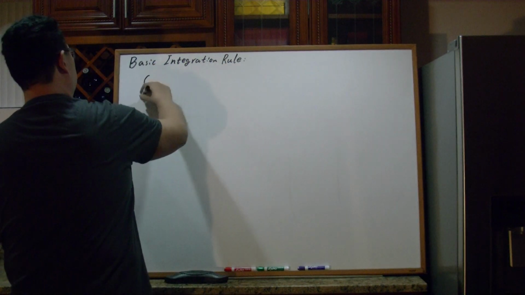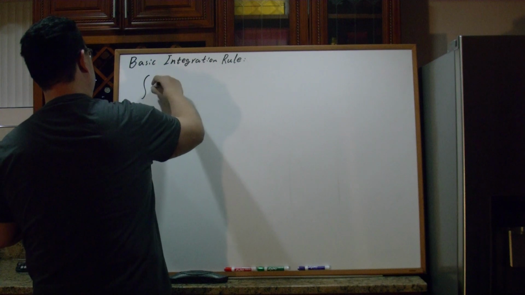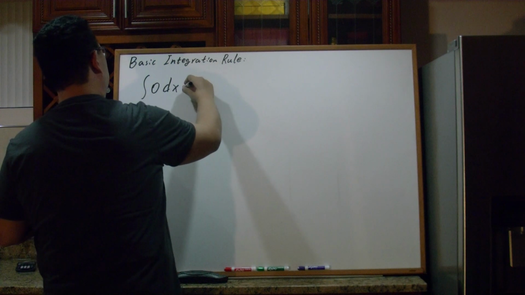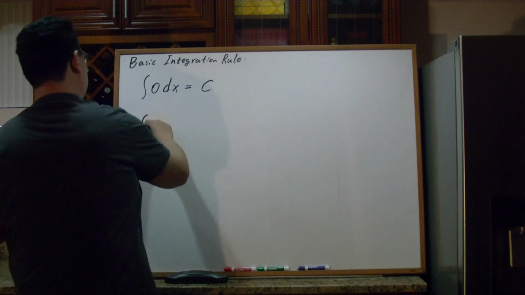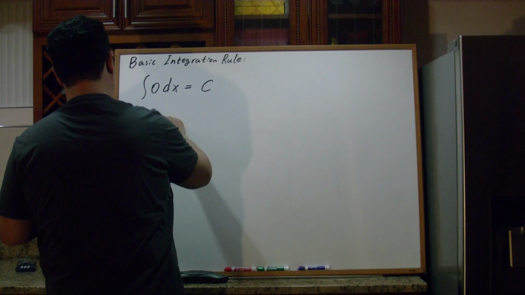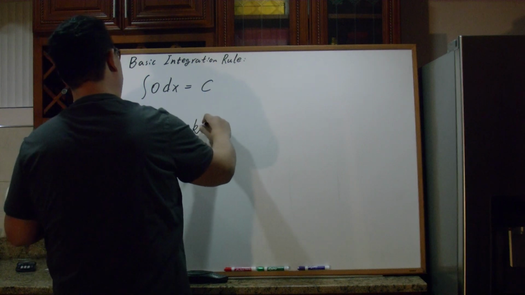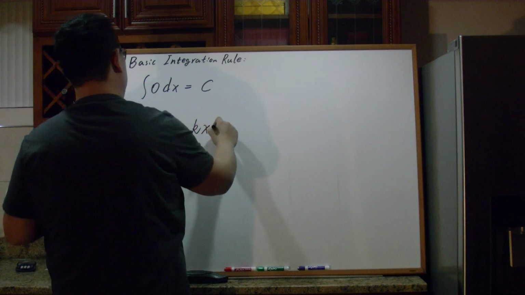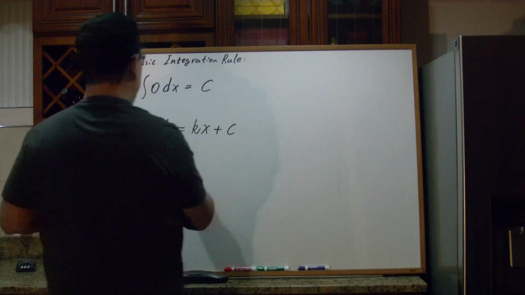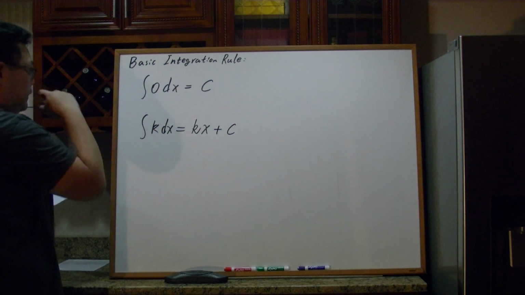The first one is that the antiderivative of 0 is a constant. The antiderivative of any arbitrary constant k is kx plus c. I just attach the variable to it.